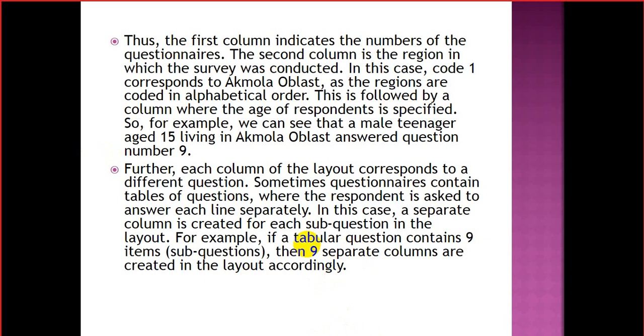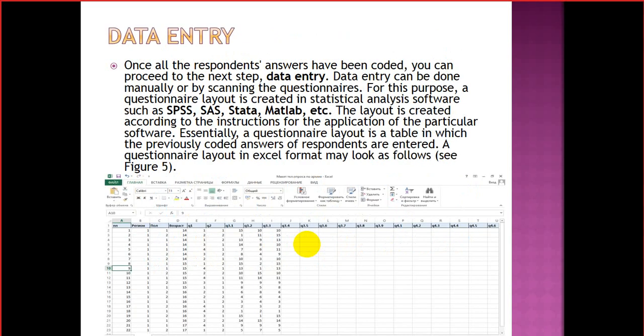In this case, code 1 corresponds to Akhmola Oblast as the region according to alphabetical order. So, for example, you can see that a male teenager aged 15 living in Akhmola Oblast answered question number 9.